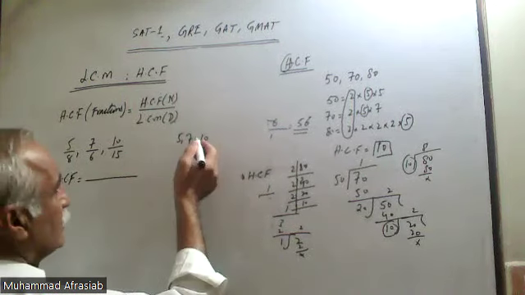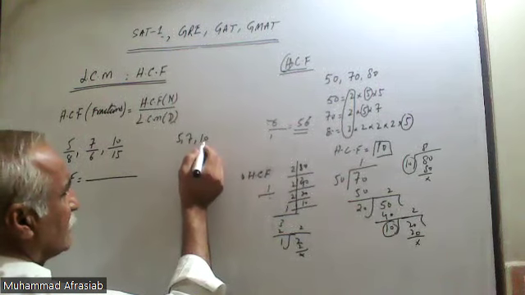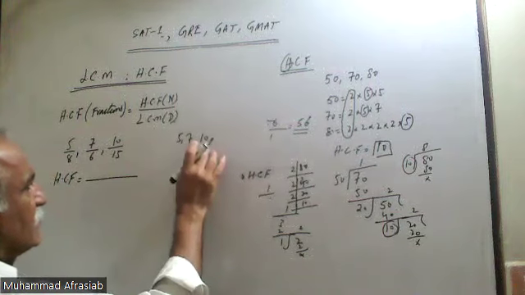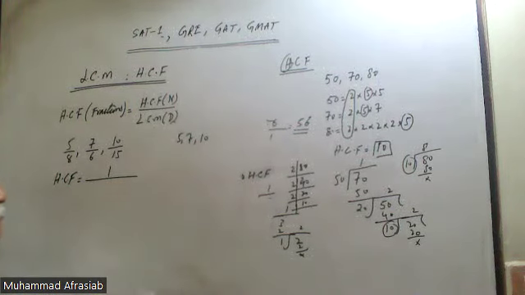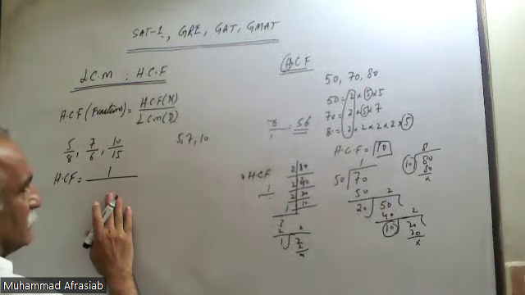So, 5 is a prime number, 7 is a prime number, and there is only one number which can divide all these three, and that is equal to 1. So the HCF of 5, 7, and 10 is equal to 1.